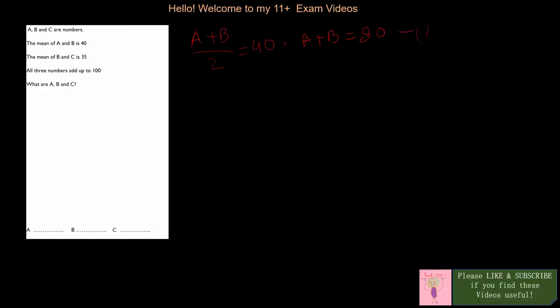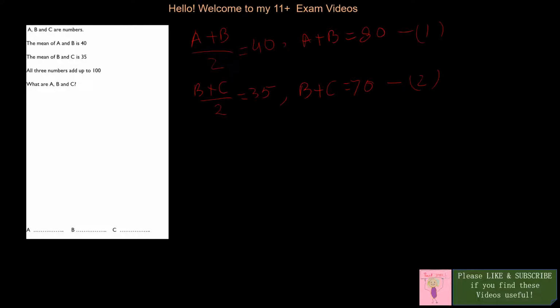Okay, so we can put it as 1, and again (B plus C) divided by 2 is 35. So we get B plus C equals 70. Okay, so this is my 2. Now we can express 1 in terms of the other.